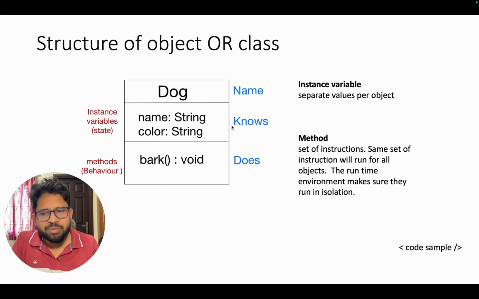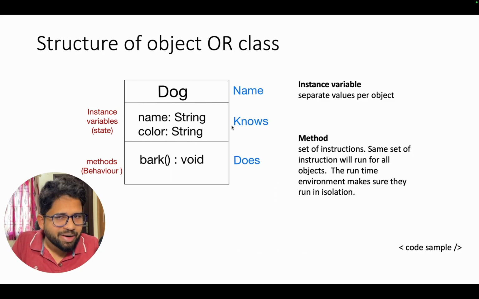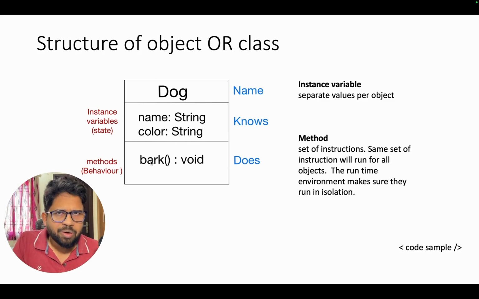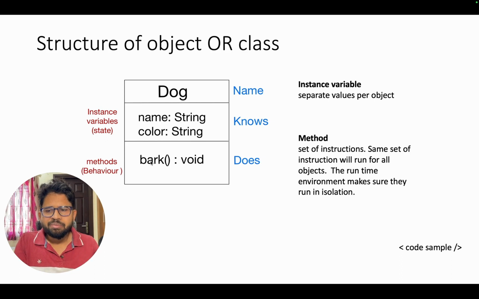If you create an object of class Dog, it will have name as, let's say, Max, and color as pink or red. The second part is the method, the function named bark, where there will be a few lines of code you would have written, like System.out.print, or you would be fetching some values and doing some stuff. So a method is nothing but a set of instructions.